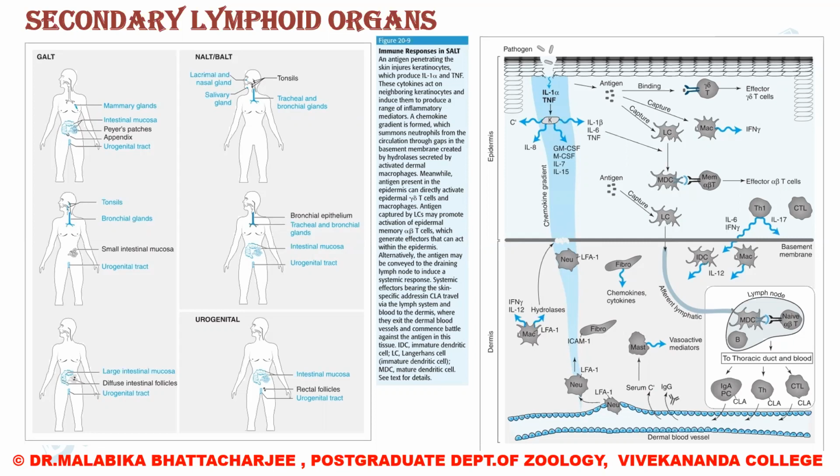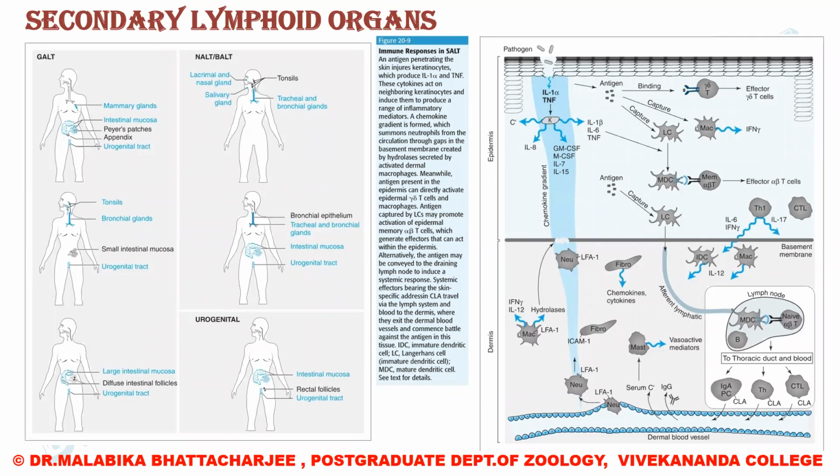Now, look at the blue colors. The blue colored areas are the areas which provoke the immune responses. So the blue colors are the effector sites. A mucosal effector site is a specific area in a mucosa to which effector lymphocytes are dispatched.